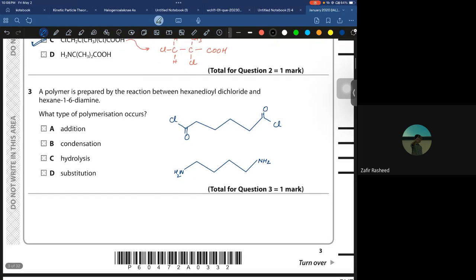Okay, they would be reacting with each other. Of course, water would be released. So this is not an addition polymer, 100%. It's a condensation polymerization, and the linkage that would be formed as a result of this would be called amide linkage.